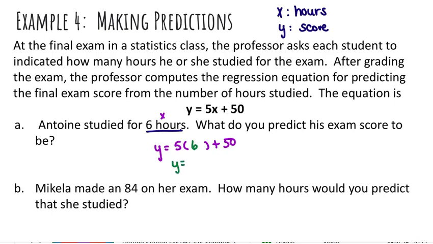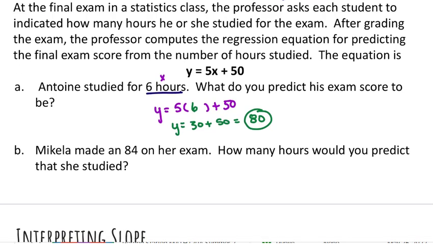You can enter that in Desmos straight across, or we can just add it together here. So that'd be 30 plus 50, which would be an 80. So Antoine, based off of his 6 hours of study, we would predict that he made an 80.